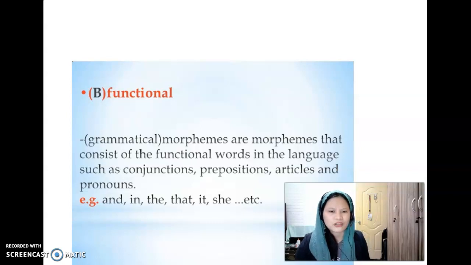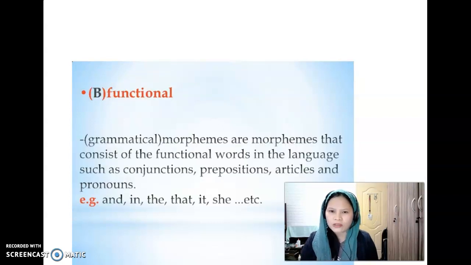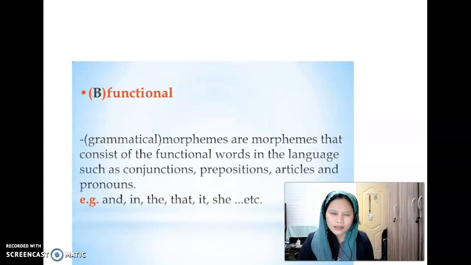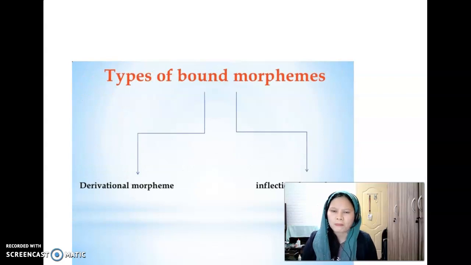While when you say functional, basically it's more of a conjunction or preposition that you cannot add to change its meaning. So later on, I will discuss more examples on that. So it's called closed. It's the opposite of the lexical. It's called a closed class of words because we almost never add new functional morphemes to the language.